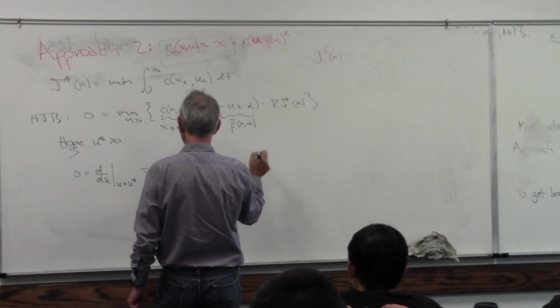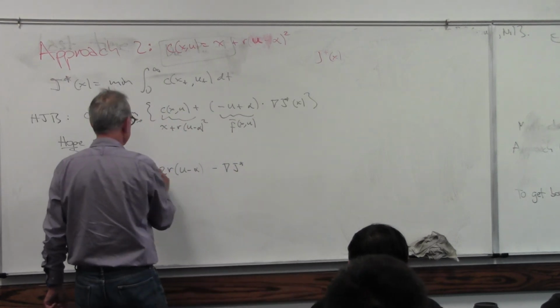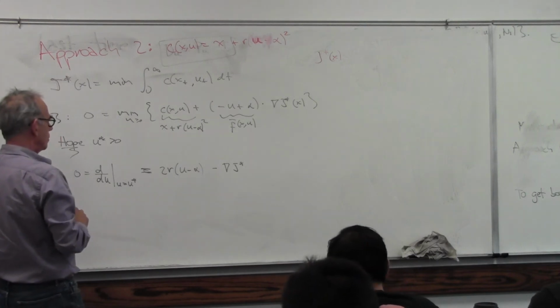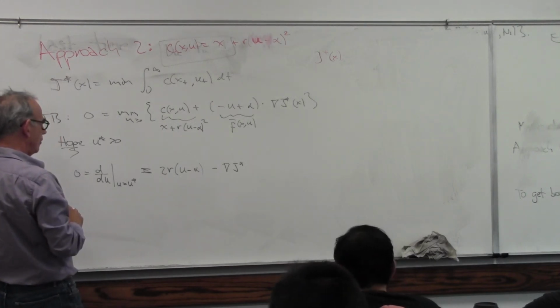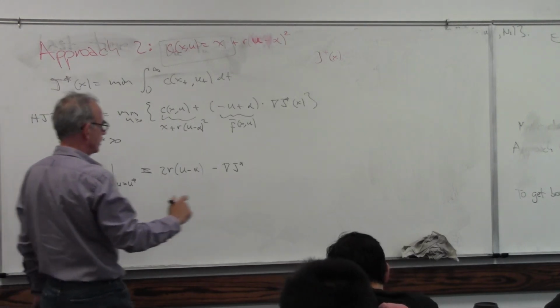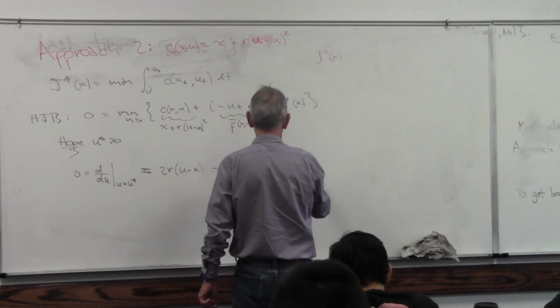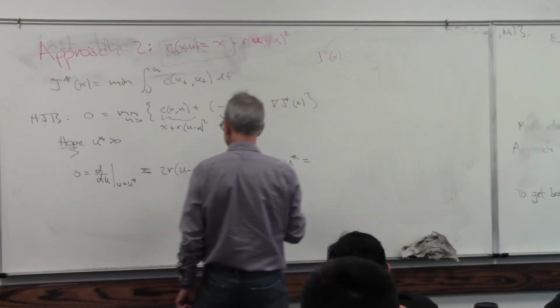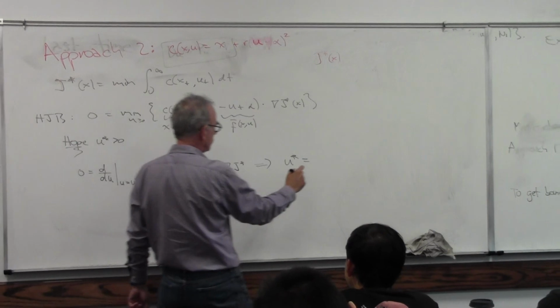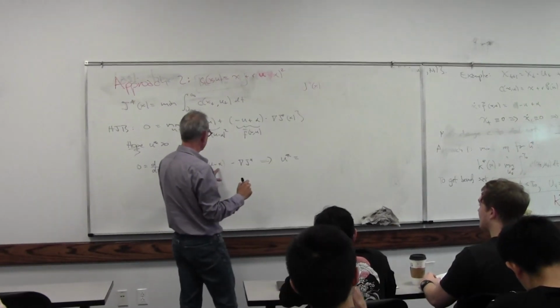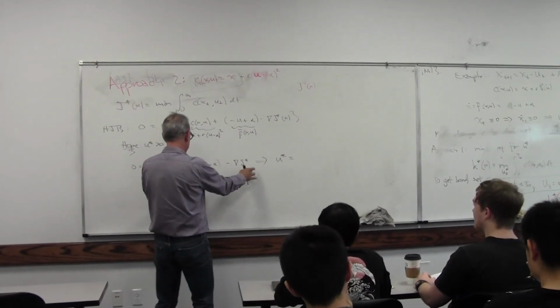Except, yeah, that's right. And then I go through and solve for it. I get that u star is nothing but, I have to put in 1/2r. Well, first of all, I've got an alpha, so this is equal to 0.